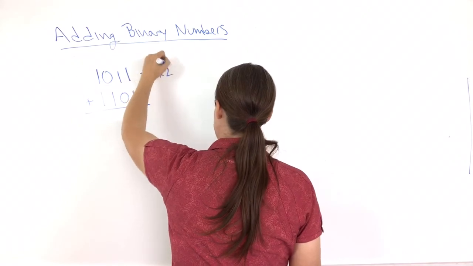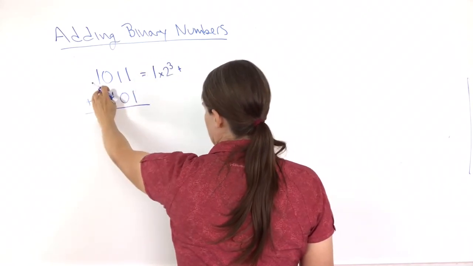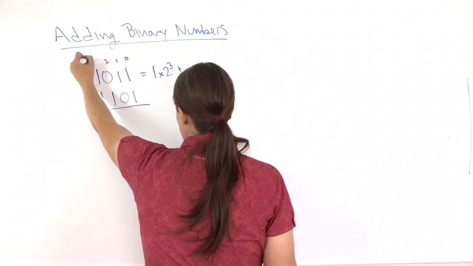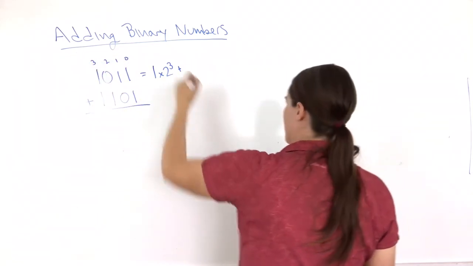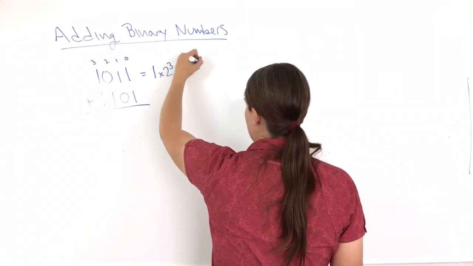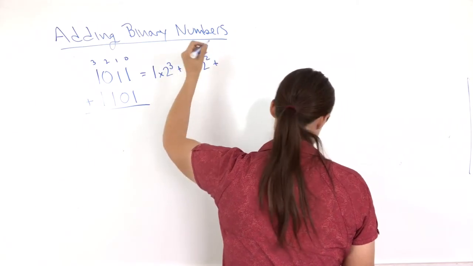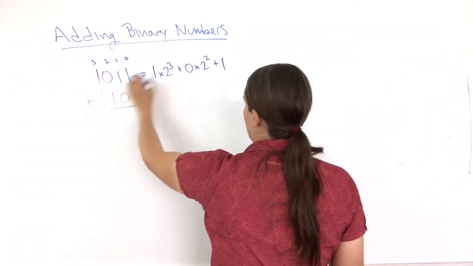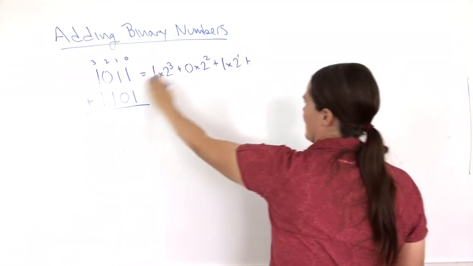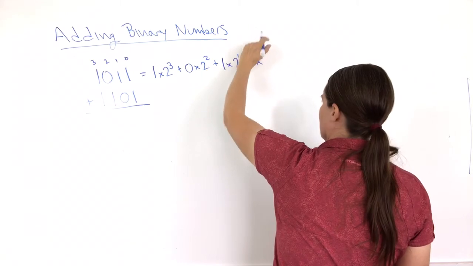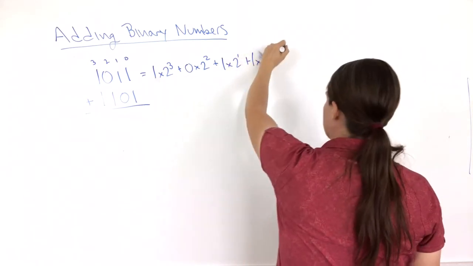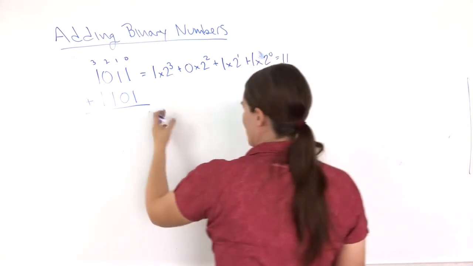So 1 times 2 to the third, because this is 0, 1, 2, 3, plus 0 times 2 squared plus 1 times 2 to the 1 plus 1 times 2 to the 0. So if you go through that math, this equals 11.